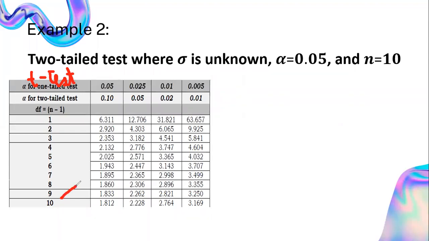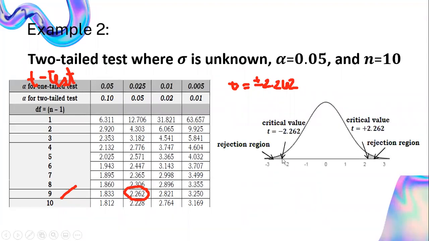And then at 0.05 level of significance, two-tailed test, the critical value of t is positive or negative 2.262. So after knowing the critical value, the next thing to do is to locate that in your curve.